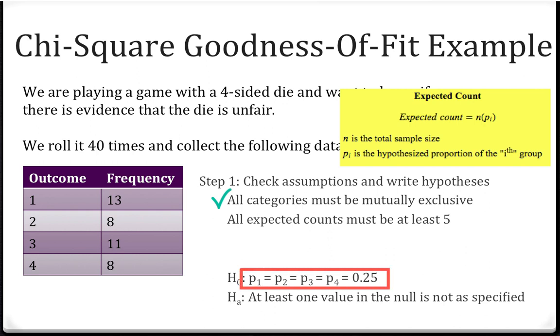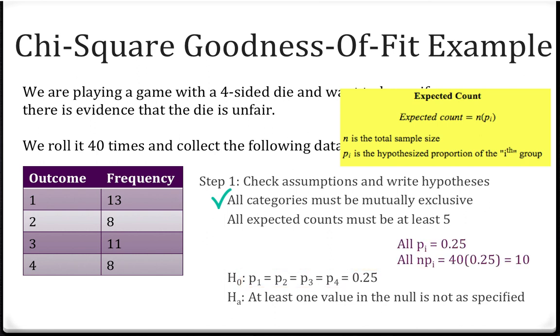In this case, groups 1, 2, 3, and 4 all have a hypothesized proportion of 0.25. This means that all of our expected counts, or all of our n times p, equal 40 times 0.25, which equals 10. This is at least 5, so this assumption has been met.